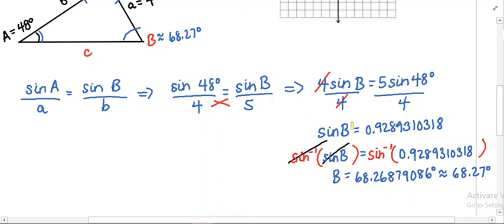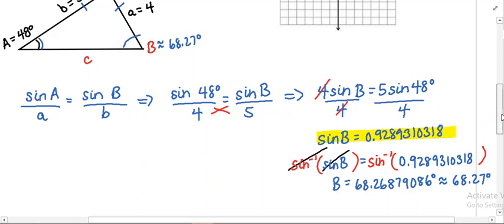Here is what I want to talk about. When we did this process, we found that the sine of angle B is equal to 0.92893103118. Think about what that statement is telling us.